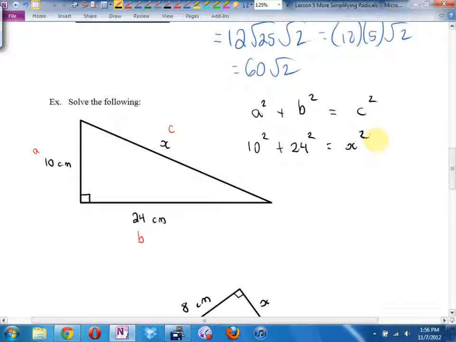One of the oldest equations in history, at least 2,300 years old.